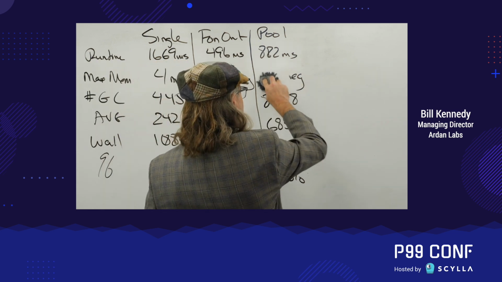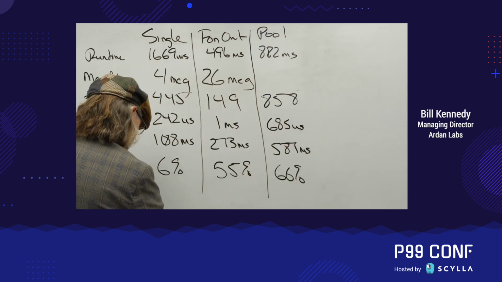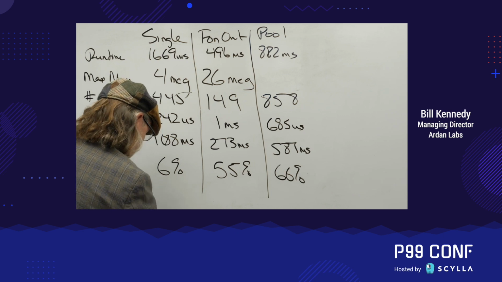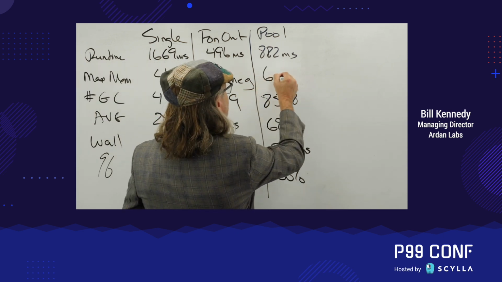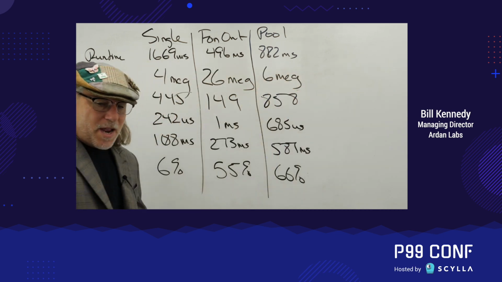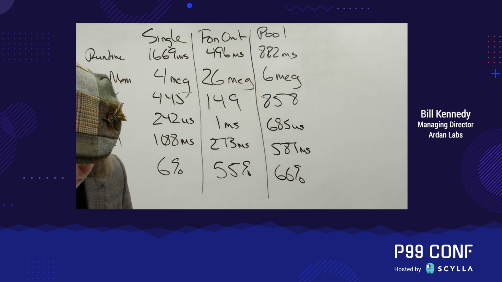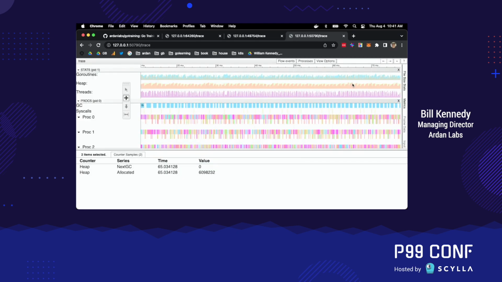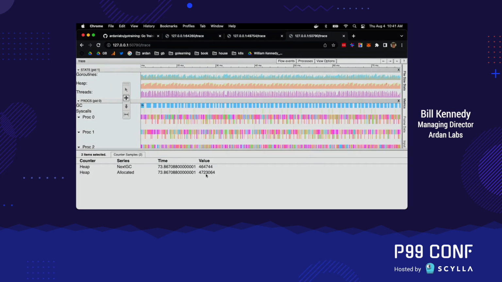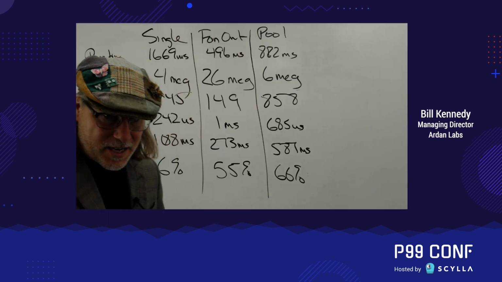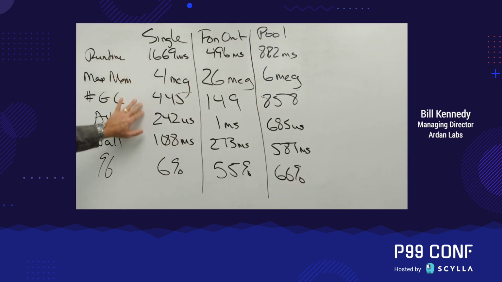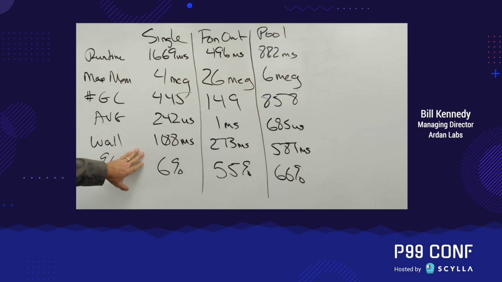I think really what's happening here is, we can continue to look at it, we made the Go program so efficient that it's kind of trying to maintain the same heap size as our single-threaded Go program.